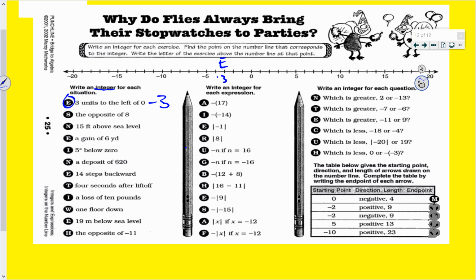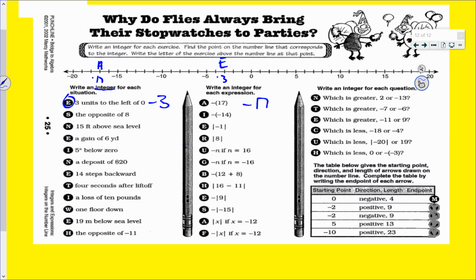Those are relatively easy, guys. Our second one, I'll be honest with you, it's almost easier if you actually read this. If you read this, instead of saying a minus or a negative, say that as opposite. So what is the opposite of 17? Negative 17. So at negative 17, I'm going to put an A. Make sense?